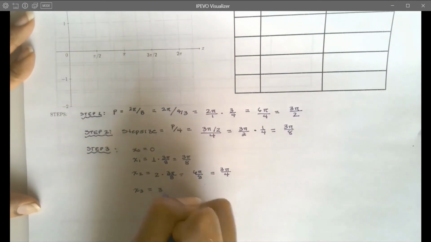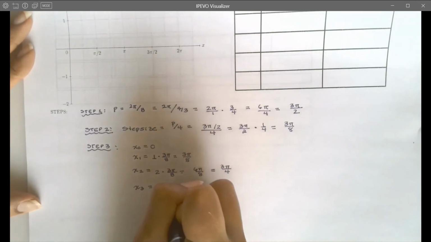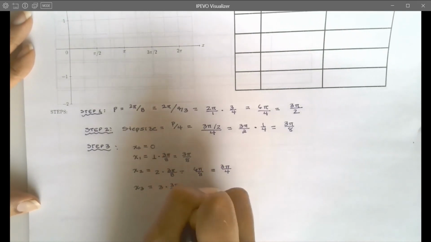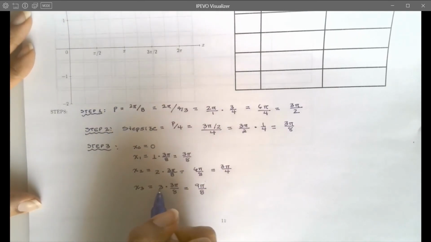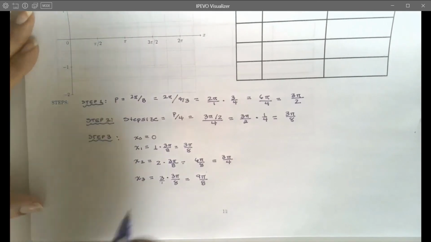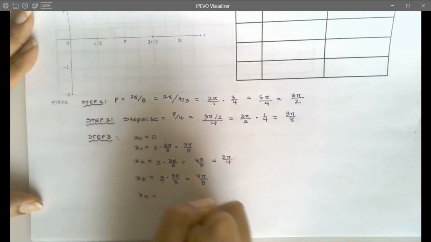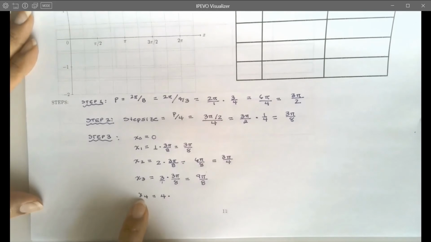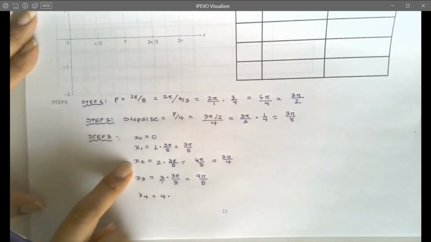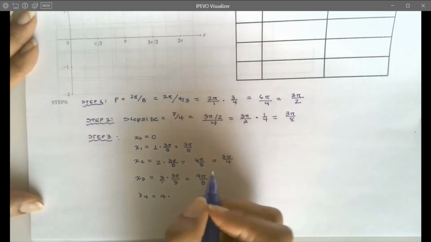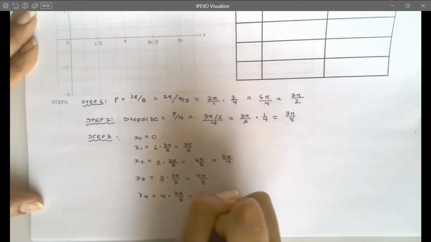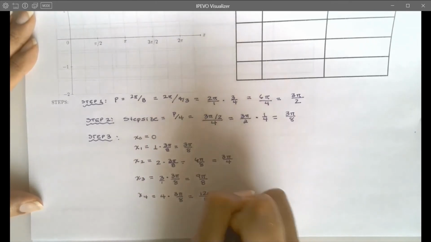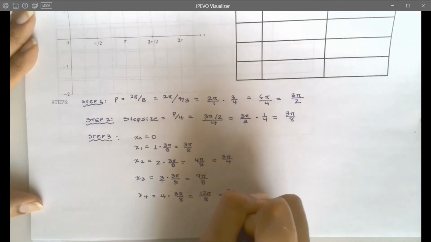Right, the next x value will be given by 3 times 3 pi over 8. And that'll be 9 pi over 8, because this is like a 3 over 1. And finally, x4, that's going to be basically the last quarter. This is the first quarter, second quarter, third quarter, last quarter. 4 times 3 pi over 8, that's going to give us 12 pi over 8, which when you reduce by 4 will give you 3 pi over 2.